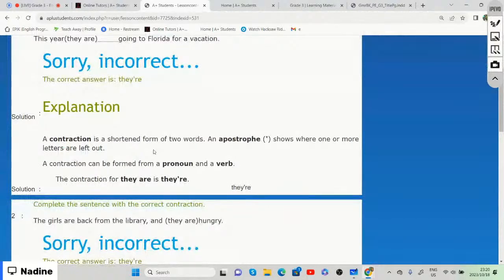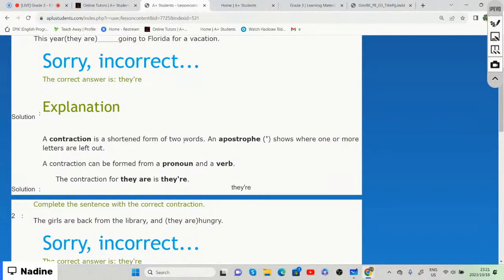All right. So we see that a contraction is a shortened form of two words, and an apostrophe shows where one or more letters are left out. With contractions, we take two words and create one word, with the apostrophe in between, in place of the missing letters.